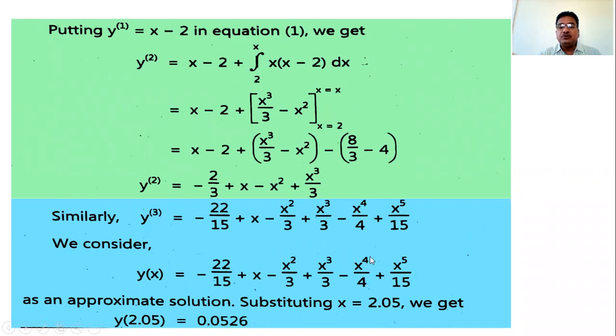Because we have to find the answer correct up to 4 decimal places, only consider the terms up to x raised to 4 by 4, and substitute x as 2.05. Calculate only this addition and subtraction of terms, and after substituting x as 2.05 we get this answer, 0.0526, and this answer is correct up to 4 decimal places.